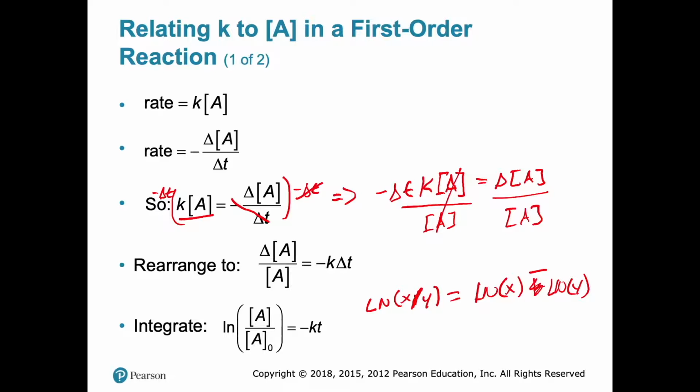That's called the quotient rule for logarithms.